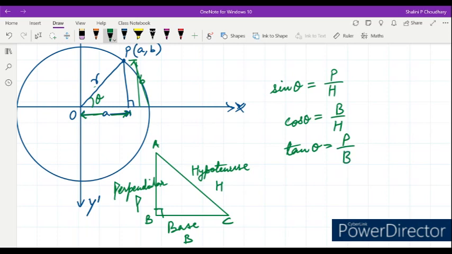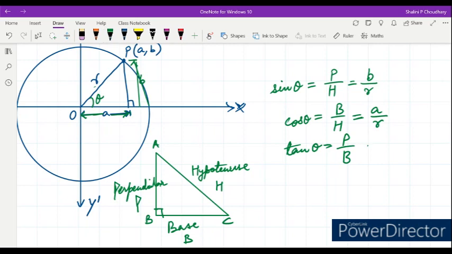Now if we are taking sine theta, then P is the perpendicular, b, and hypotenuse is r. And in case of cos theta, the base is a and hypotenuse is r.